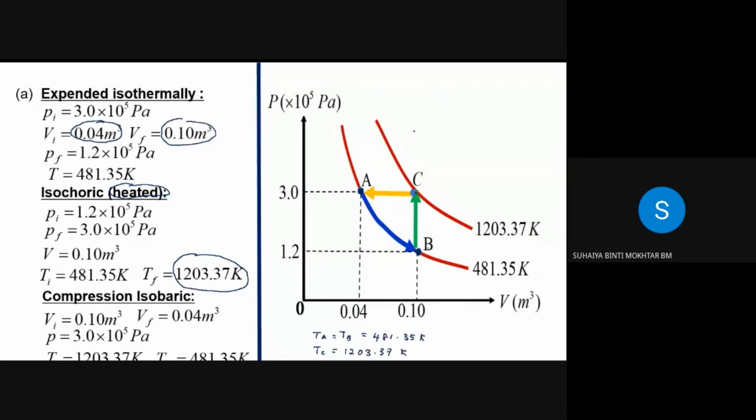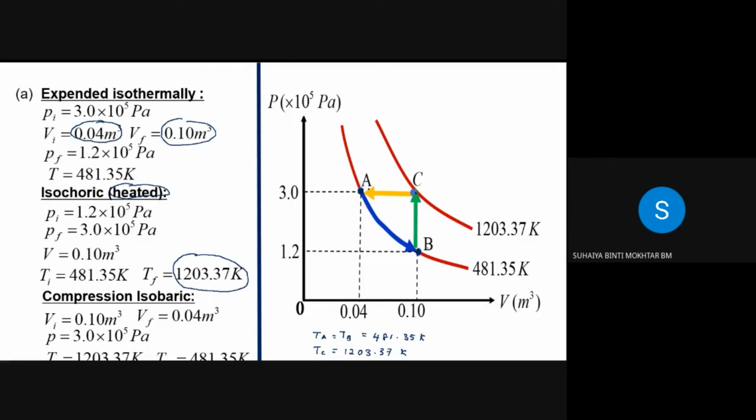Okay, then next calculate the total heat involved for the whole cycle. So kita nak heat, so kita determine QAB, QBC, and QCA.